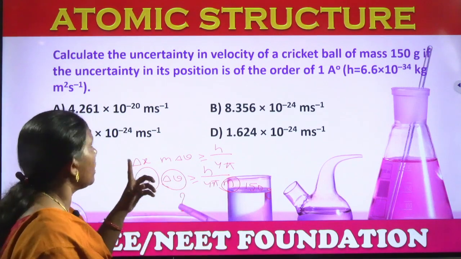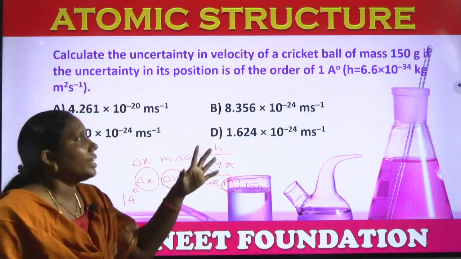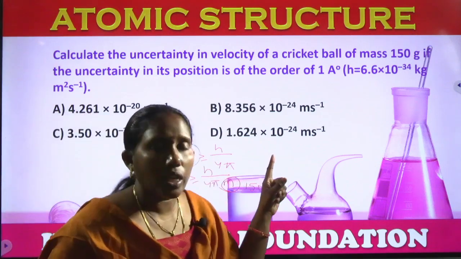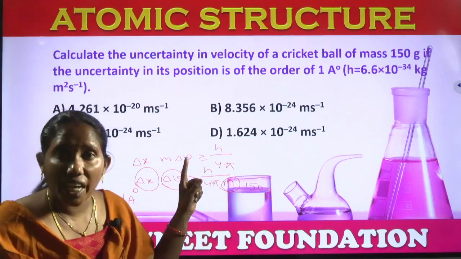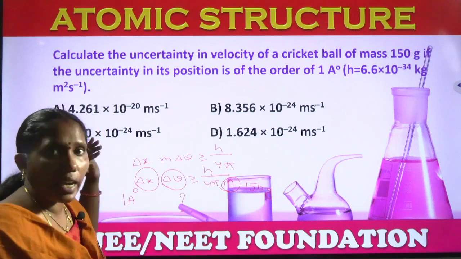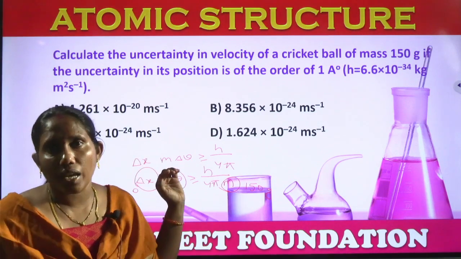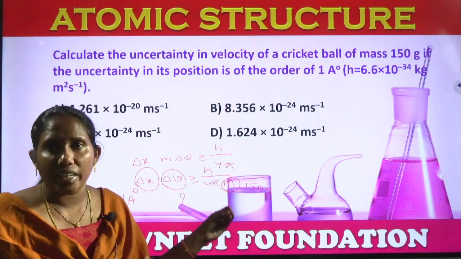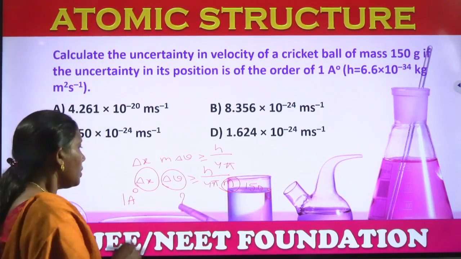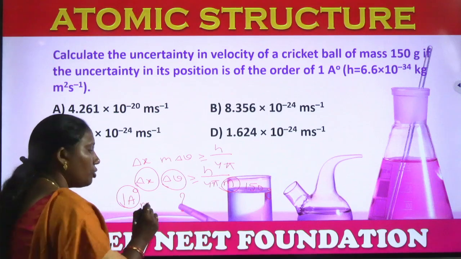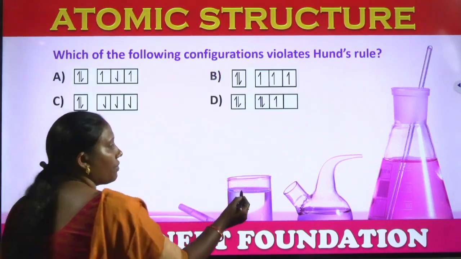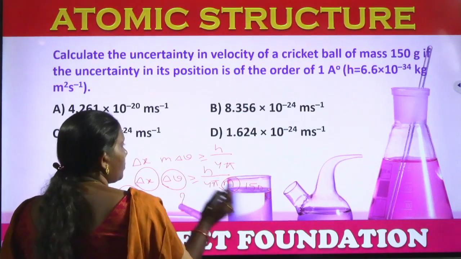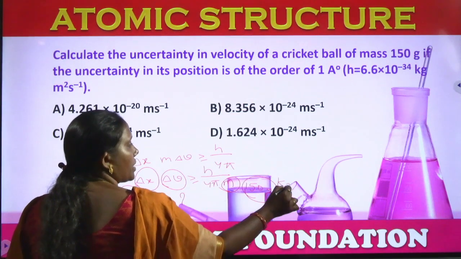But see here, the h value they have given is 6.6 into 10 to the power of minus 34 kg meter squared per second, in the MKS system. So throughout the problem we have to maintain the same units. This angstrom you have to convert into meters, and these 150 grams you have to convert into kg.